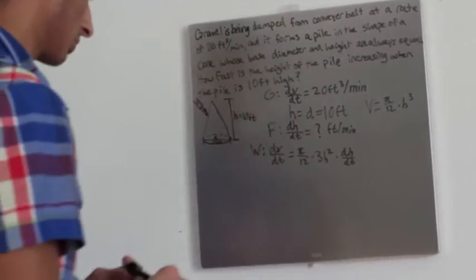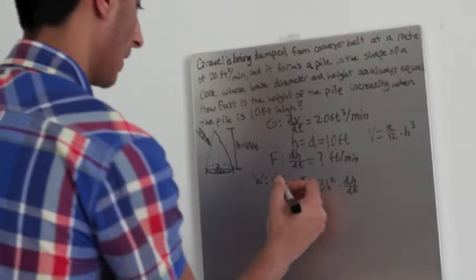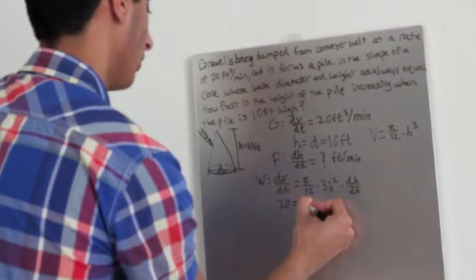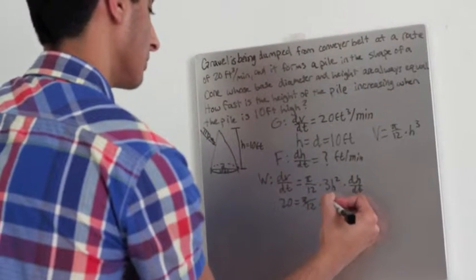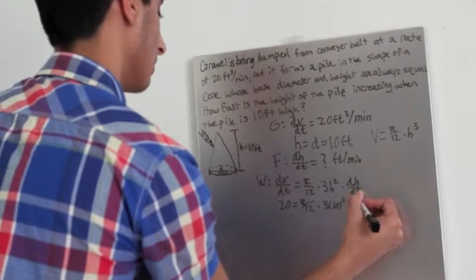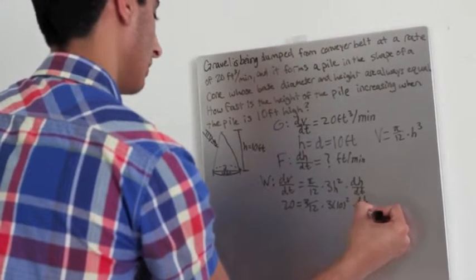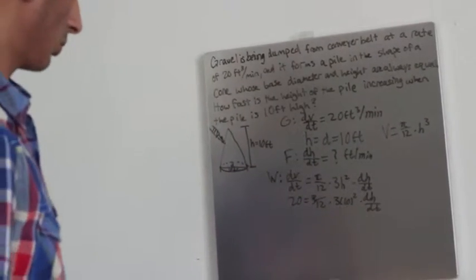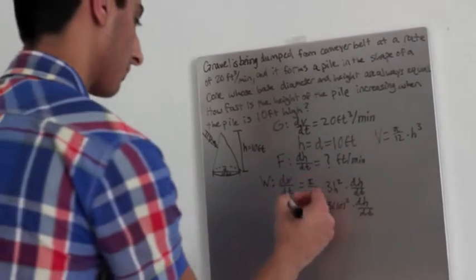Okay? And so now we're going to plug in our quantities, and we'll get 20 equals pi over 12 times 3 times 10 squared times dh dt.